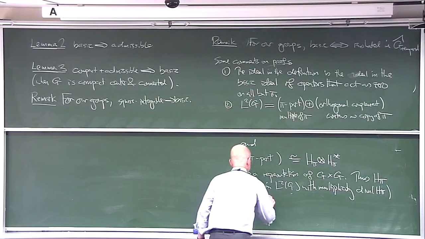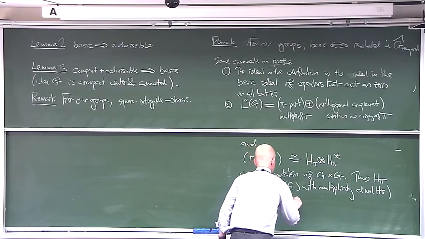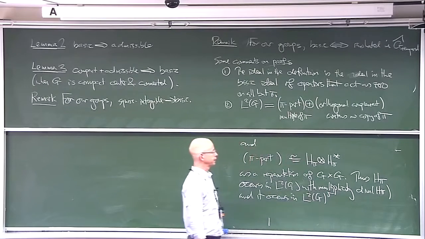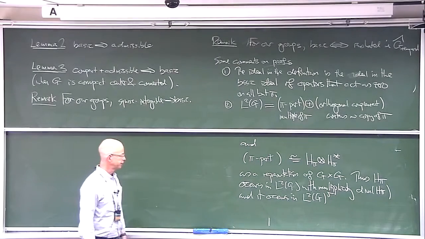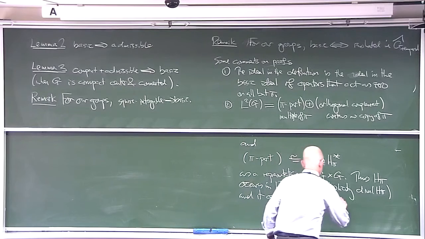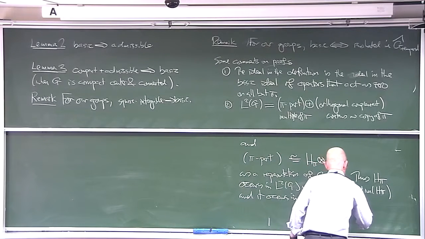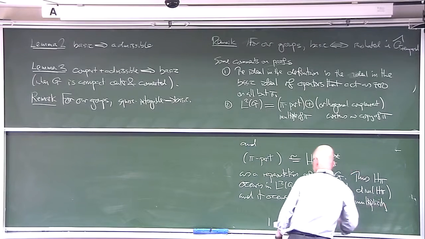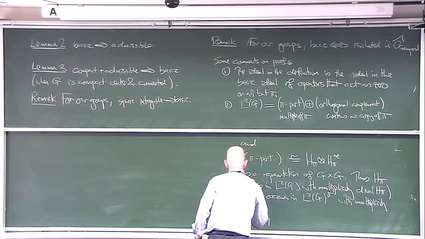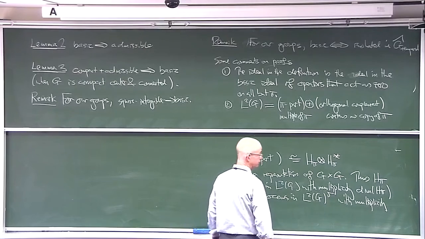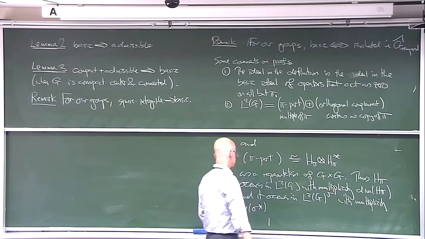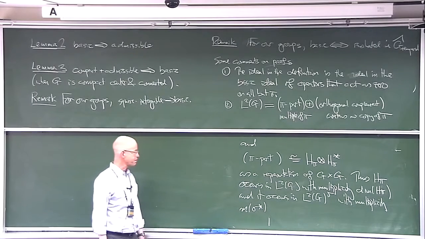But more to the point, it occurs in one of these constituent spaces that we decompose according to the representation K. It occurs in this space here with multiplicity that I wrote down before, which is M of, well, the way I did it, sigma star, which is equal to multiplicity sigma.